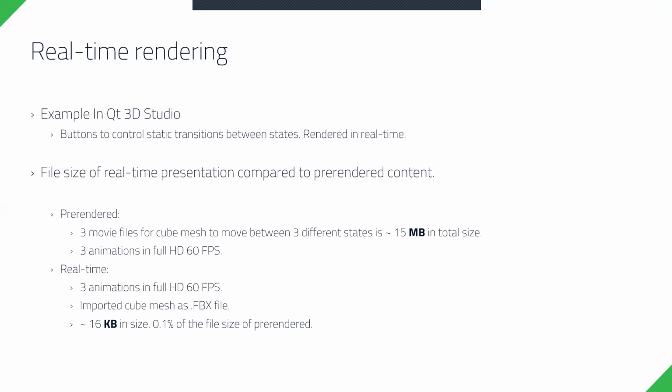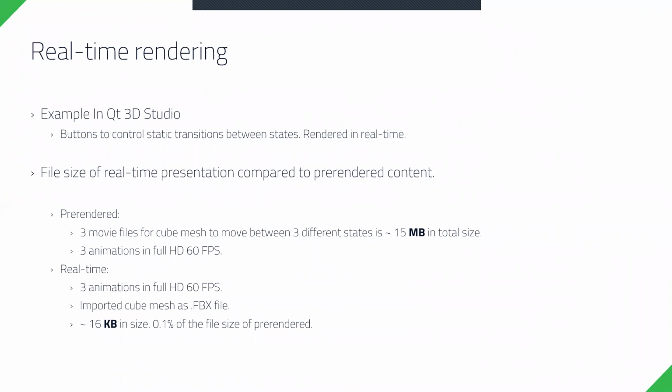And in real time, the same thing created in Qt 3D Studio with an imported cube mesh file as an FBX has a total size of 16 kilobytes, so it's 0.1 percent of the size of the pre-rendered version.